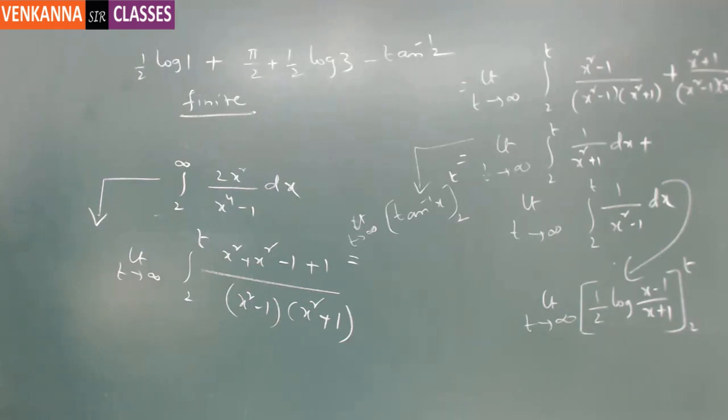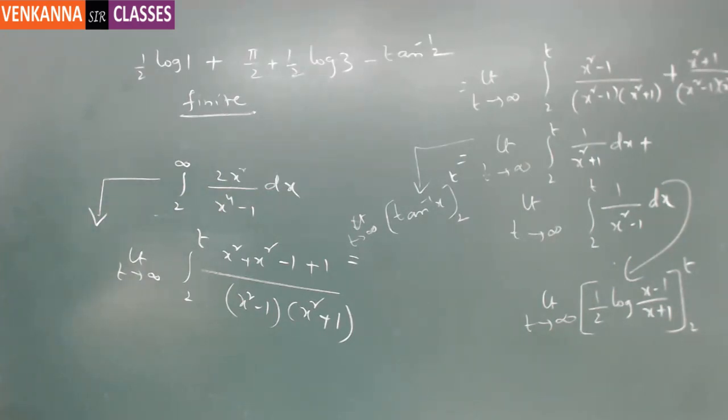I think you can apply the limit. That's why I have skipped that part. Is it required for you, applying the limit? One thing you need to understand: while applying the limits, you can make use of the limit properties. If it is in an undefined form, you can apply L'Hospital's rule also.